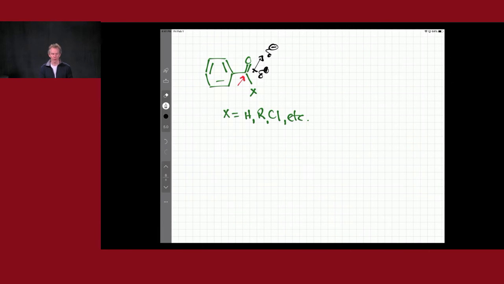So again, if we were to do electrophilic aromatic substitution, that would put a positive charge on the carbon bearing this group. That would be destabilizing. Another way that we can rationalize it is to draw out a resonance form for this, just a resonance form for the CO double bond.